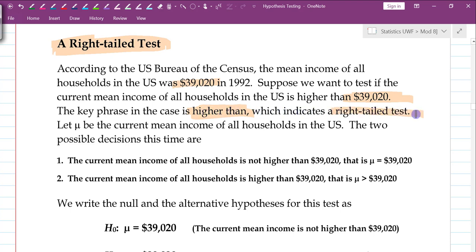Let mu be the current mean income of all households in the U.S. The two possible decisions are: 1, the current mean income of all households is not higher than $39,020, and that would be represented as mu is equal to $39,020. Option 2 is the current mean income of all households is higher than $39,020.